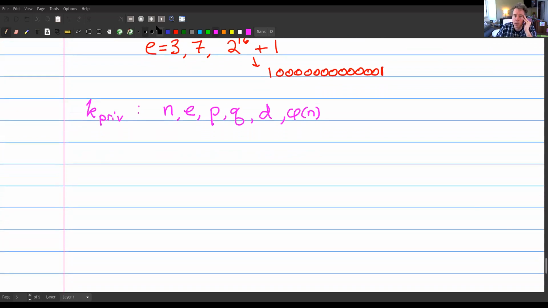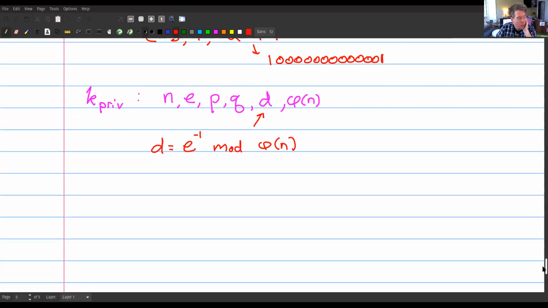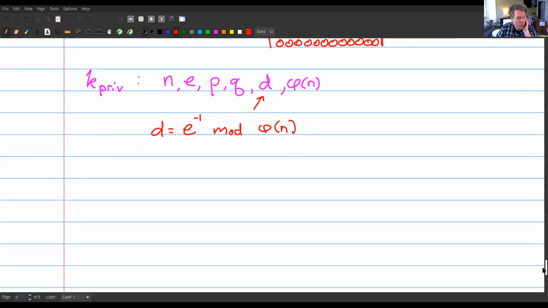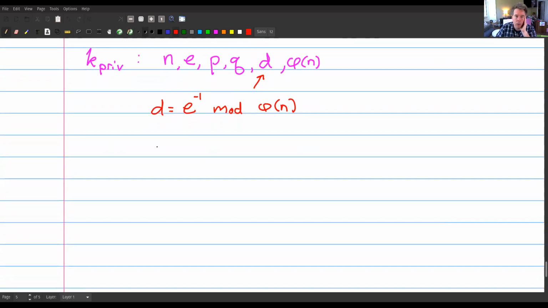But first, let me define what d means. d is equal to the inverse of e, whatever e is, mod phi of n. Okay. I feel like all that was pretty confusing, but if you understood all that, now you're ready to completely understand RSA.